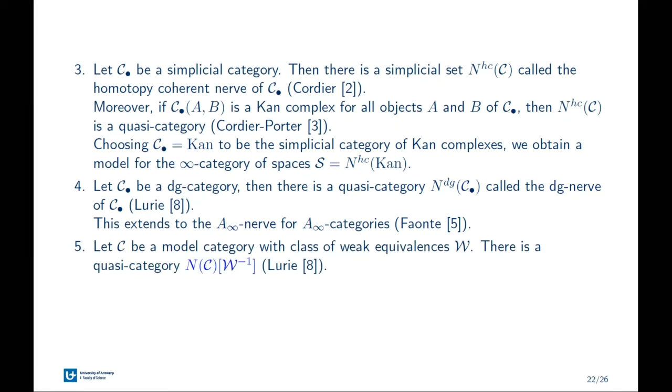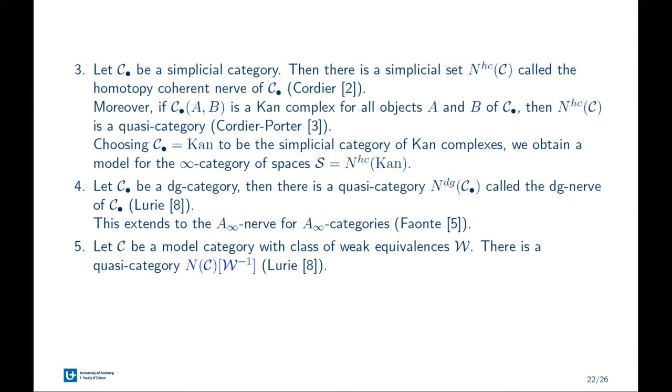And then finally, we're getting more and more advanced as the examples go on. If I start with a model category, for those who know what that is, with a class of weak equivalences W, there's an associated quasi-category denoted like this, also invented by Lurie. You could call it the infinity localization of a model category, or underlying infinity category of a model category, or something like that. So yeah, this thing exists.